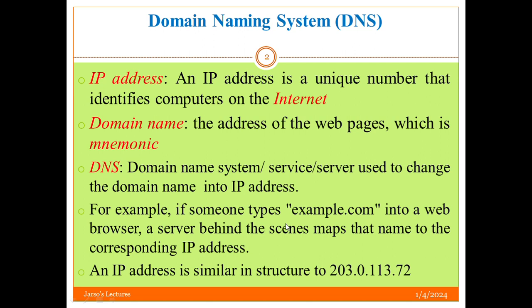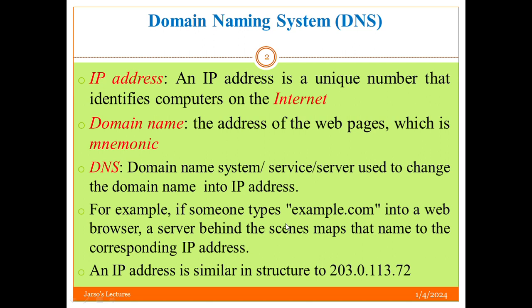It is related to the service. For Facebook, www.facebook.com. Since the name is related to the service, we can remember this domain name better than the IP address. That's why we use domain names instead of IP addresses.